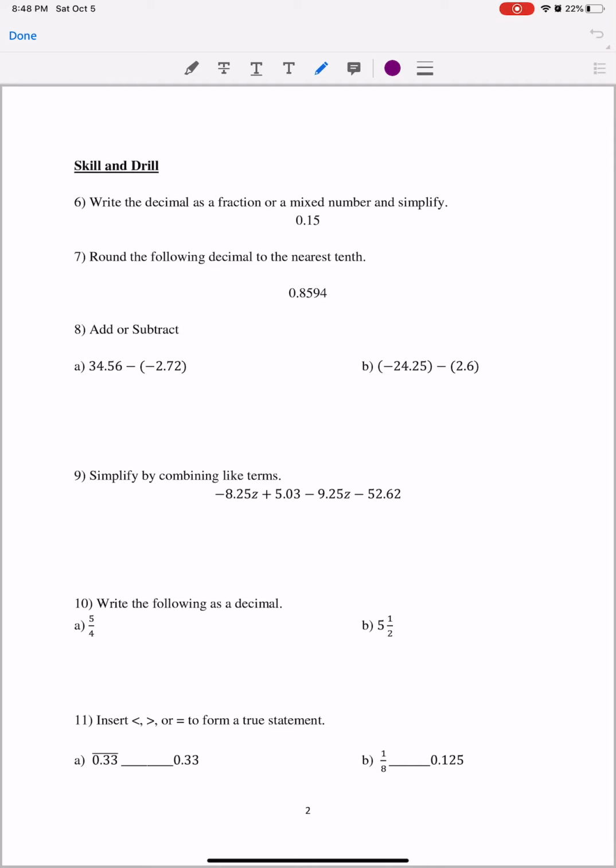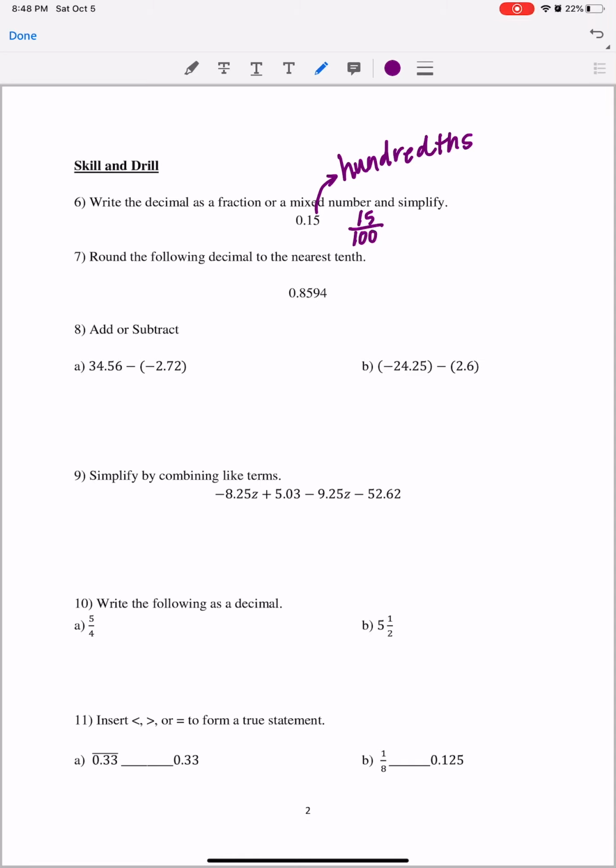So, with 0.15, this is the tenths place, but that 5, the very last digit, is in the hundredths place. To change this to a fraction, I'm going to do 15 over 100.